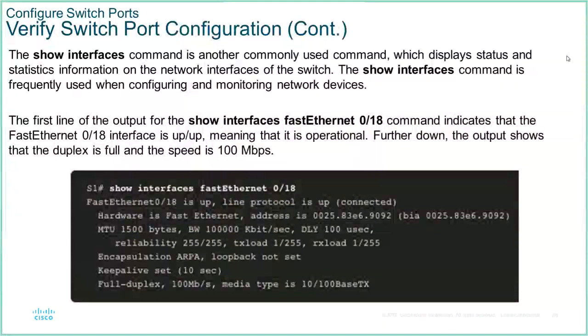Now, the things you need to look for is the status being up and the line protocol being up. If those aren't up, you've got an issue. Full duplex, the speed, media type down the bottom are all there, and your MAC address. Each interface port will have a separate MAC address.